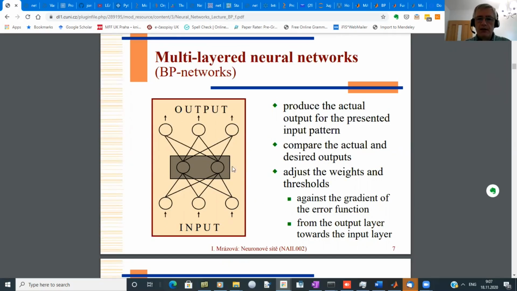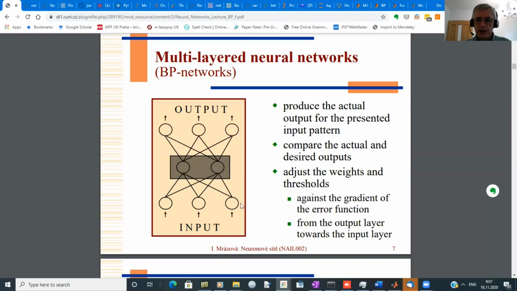Then on this scheme, there is one so-called hidden layer and one output layer. All input neurons are connected to all hidden neurons in the first hidden layer. Then the first hidden layer is connected to the next hidden layer. In this case, we have just a single hidden layer. And from the last hidden layer, there are connections to the output layer.